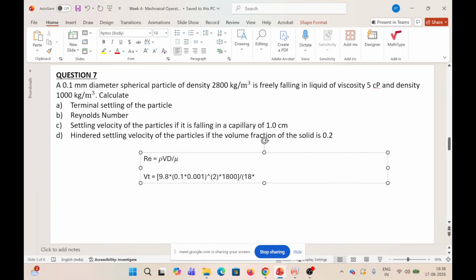Mu is viscosity, that is 5 centipoise, so you need to convert that into Pascal second, so it would be 5 times 0.001. So this will be your Vt.